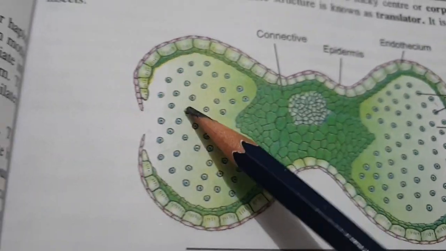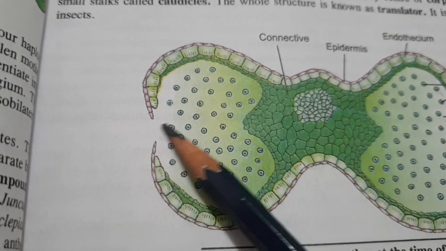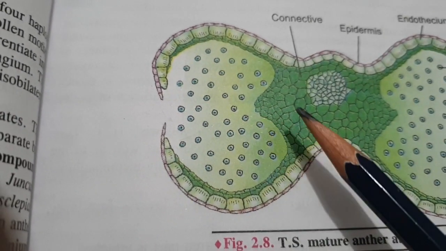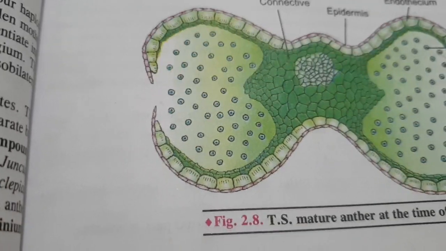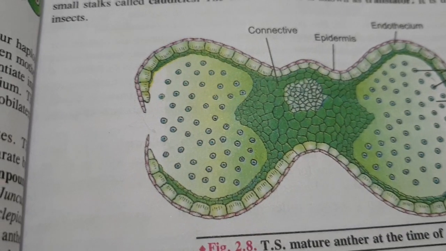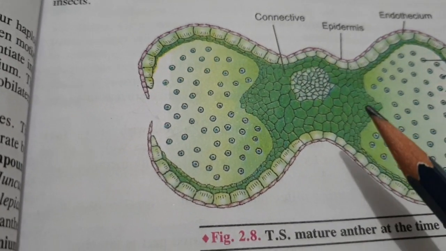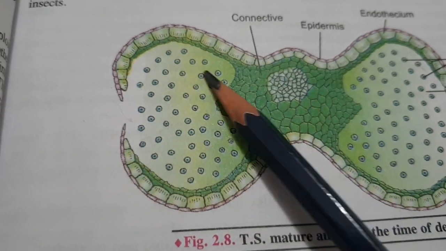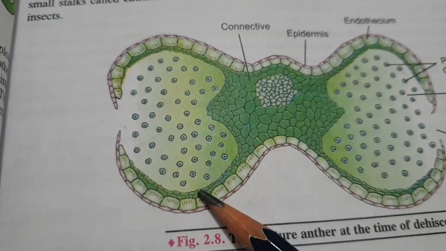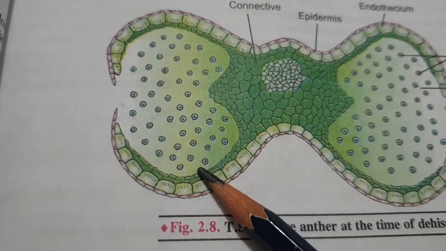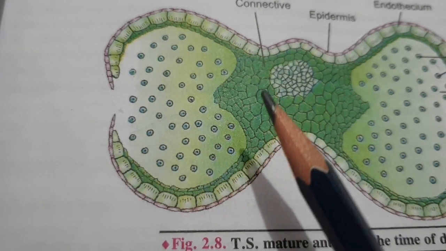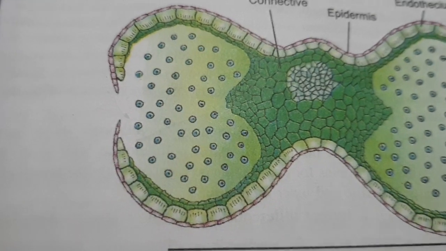Now see here, in this portion a slit has occurred. Now this will gradually start moving. The mature anther dries up and then a slit occurs, and with the loss of water the thick walls of the endothecium also break, rupture and liberate the spores. Finally, with the help of pollinating agents they get dispersed from the anther to different places.